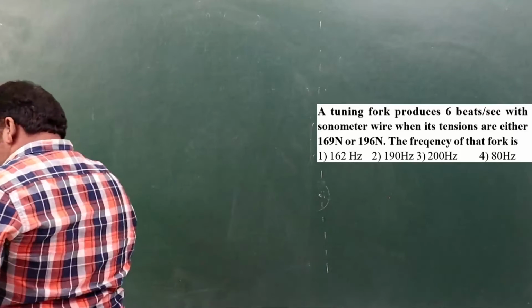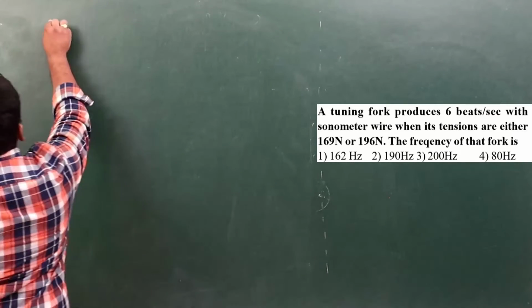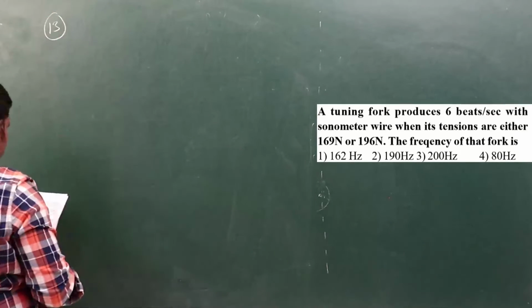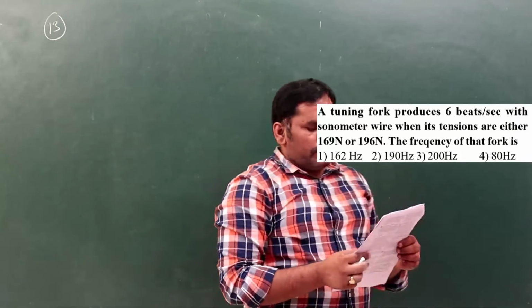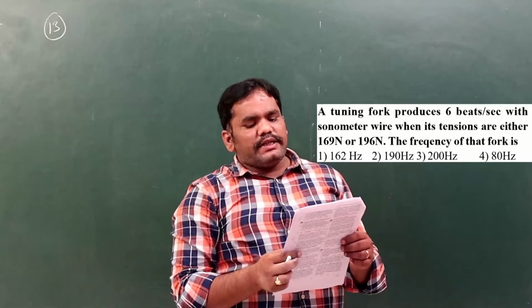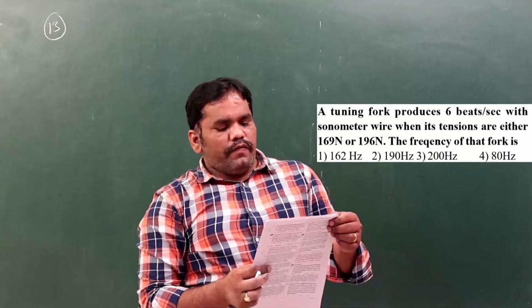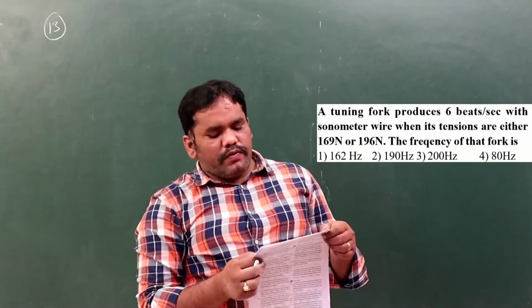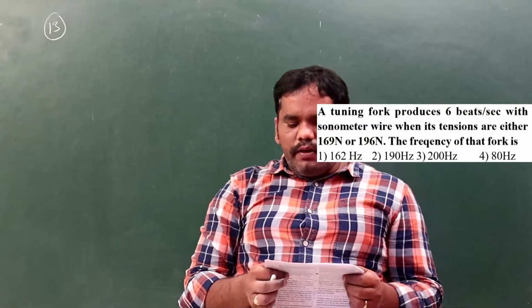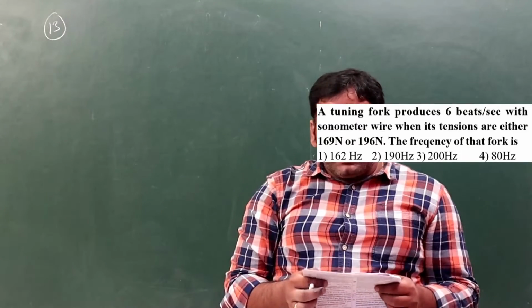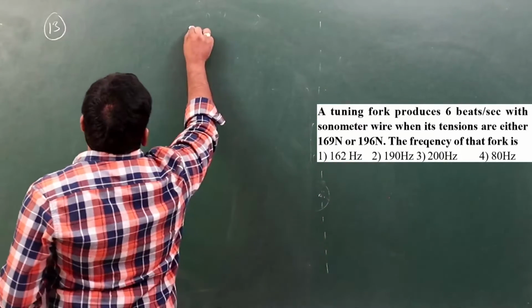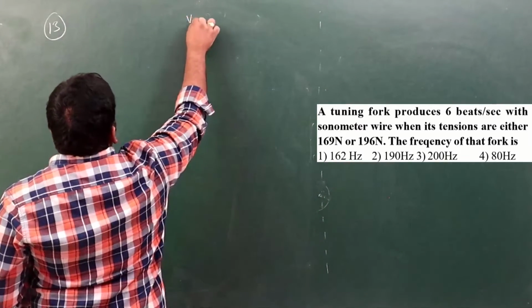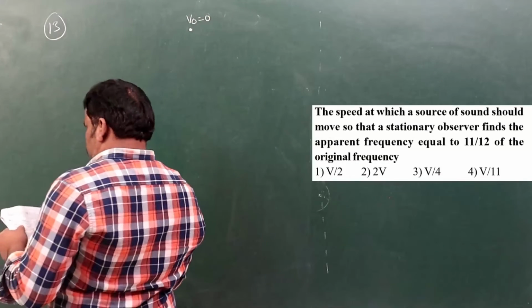Next question number 13. The speed at which a source of sound should move so that a stationary observer finds the apparent frequency equal to 11 by 12 of the original frequency. Stationary observer means the speed of the observer is 0.